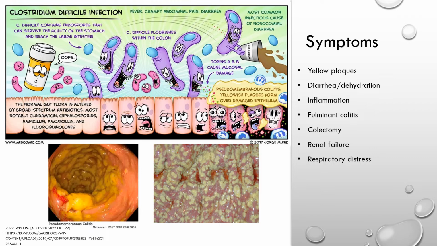And those plaques are essentially the C. diff and all of the epithelial cells that have been killed by the pathogen and all the immune cells trying to fight the infection.